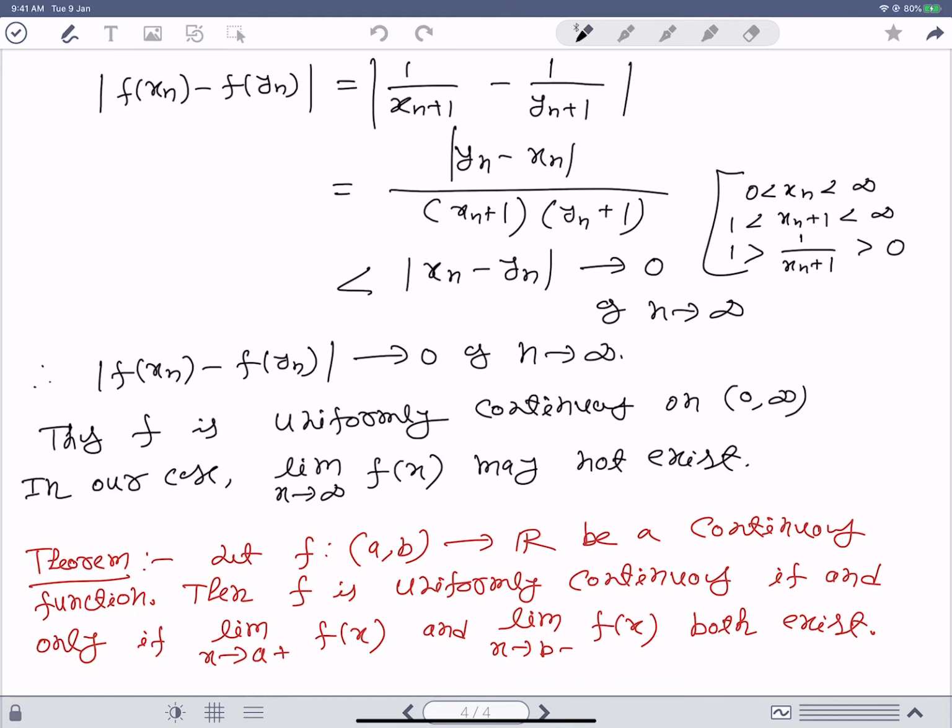Therefore f is uniformly continuous on the closed interval [a,b], and since the open interval (a,b) is a subset of the closed interval, f is uniformly continuous on the open interval as well. Conversely, if f is uniformly continuous on the open interval (a,b), then during this proof I proved that the right hand limit at a and the left hand limit at b both exist. So we are done.